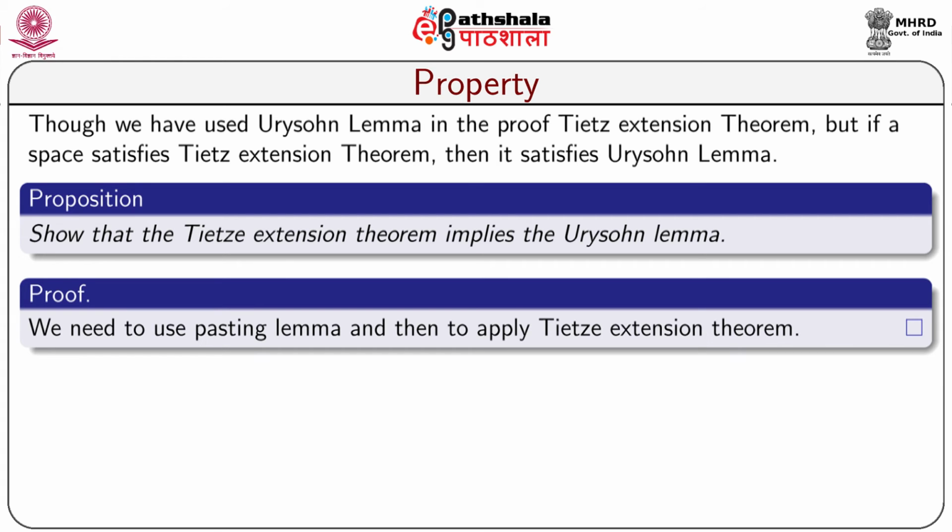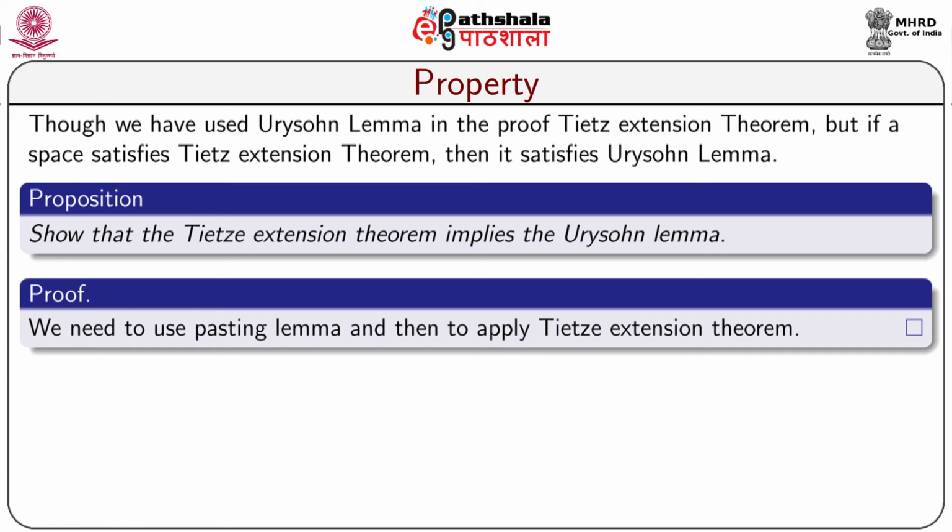That means, any continuous function from a closed subset to R can be extended all over X. Then that space satisfies Urysohn's lemma. That means, given any two disjoint closed sets, there exists a continuous function f, say, such that f of one closed set is equal to 1 and f maps another closed set to 0.